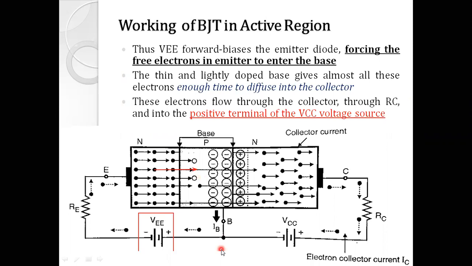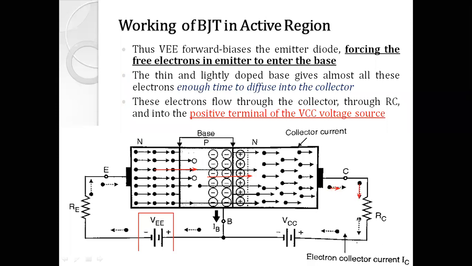Hence the electrons pass the base collector junction from base to collector region, and these electrons flow through the collector and through RC into the positive terminal of this VCC voltage source. That is shown by these arrows.